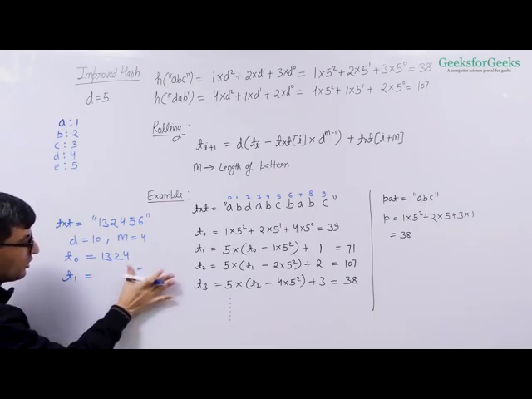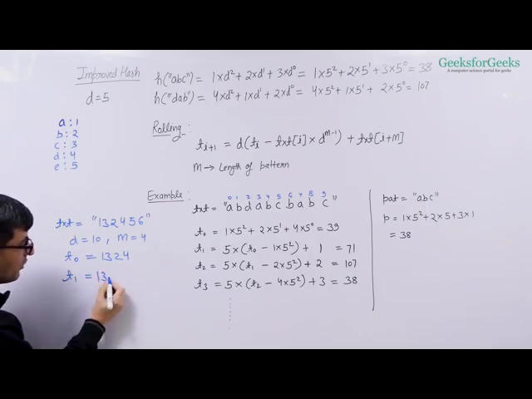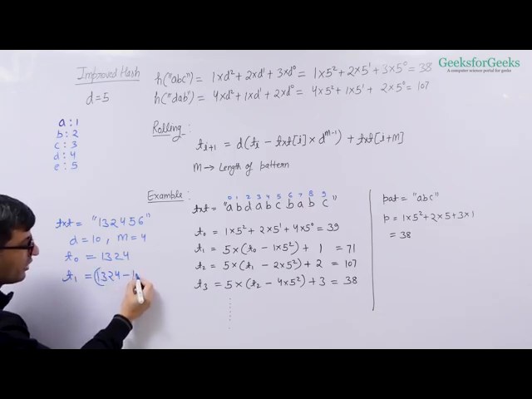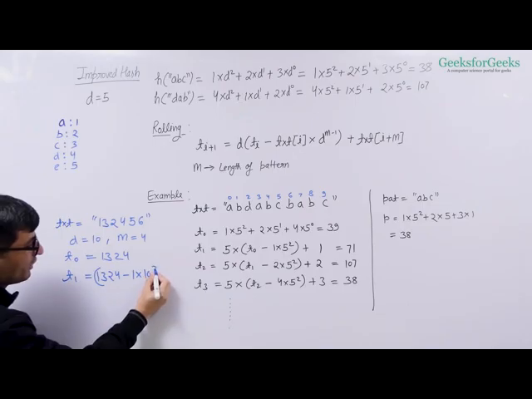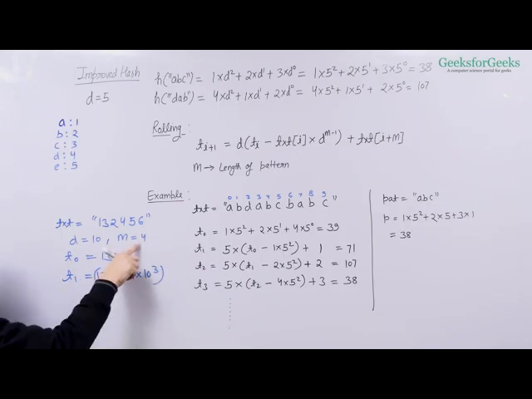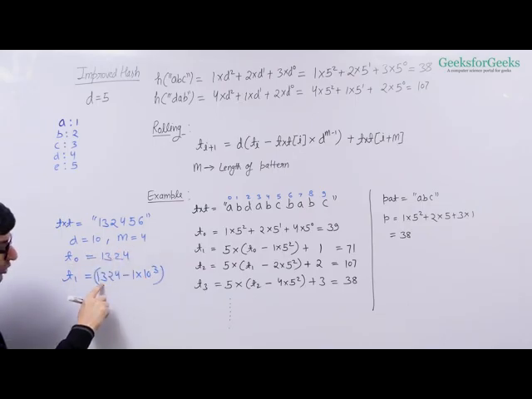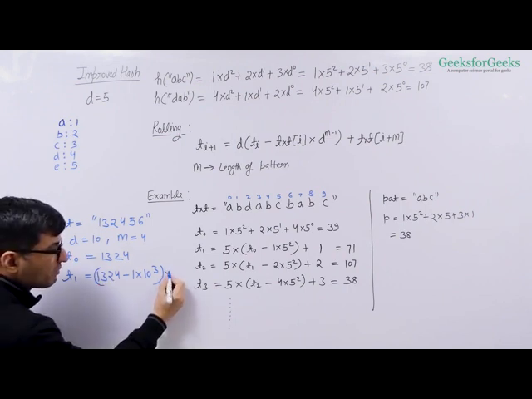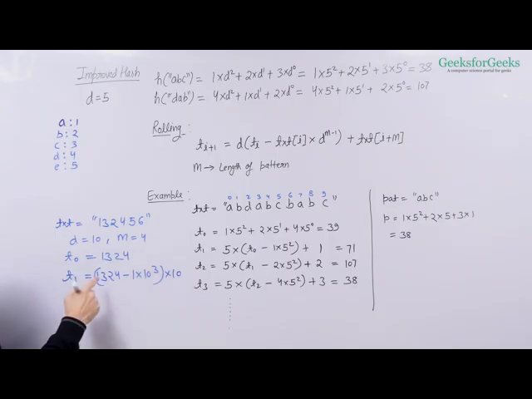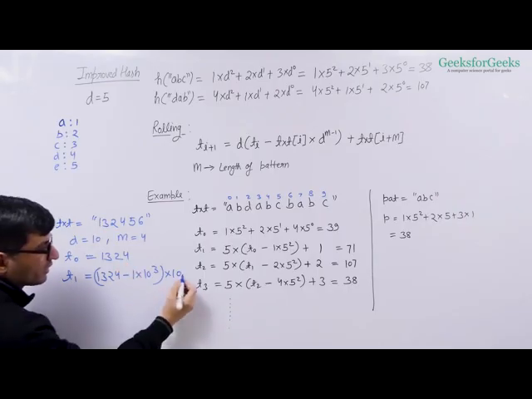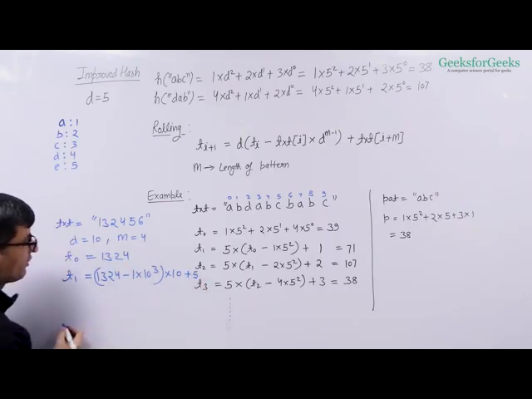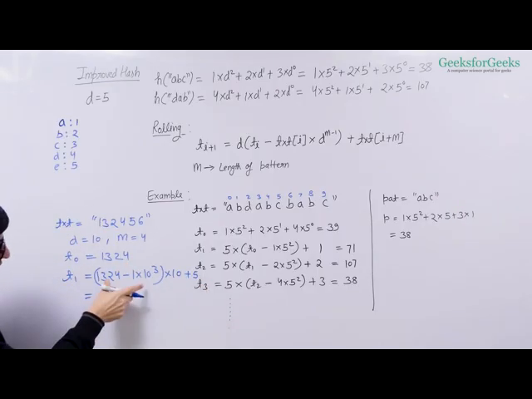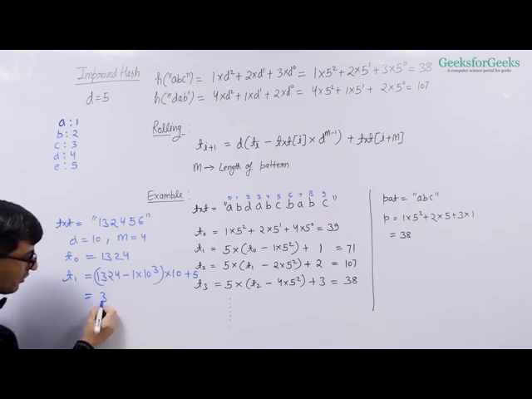I'll take 1324 and subtract 1 into 10 raised to the power 3 from it, that is, pattern length minus 1. If you do the subtraction, you will get 324. If you multiply this number by 10, you will get 3240. And now all you need to do is add 5 to it.